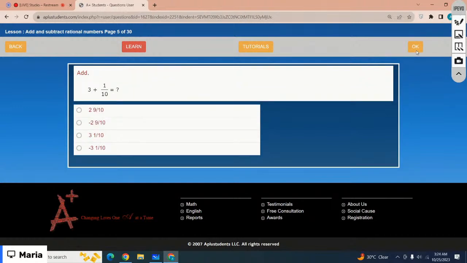Okay, 3 plus 1 over 10, which is the correct option? So it would be 3 whole 1 over 10, right? The correct option is this because they both are positive, so it would be positive.